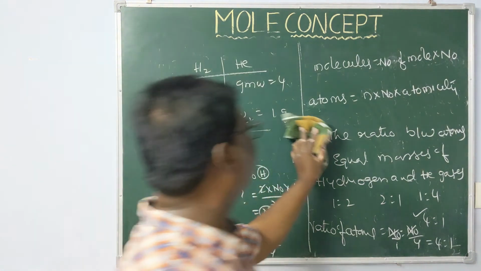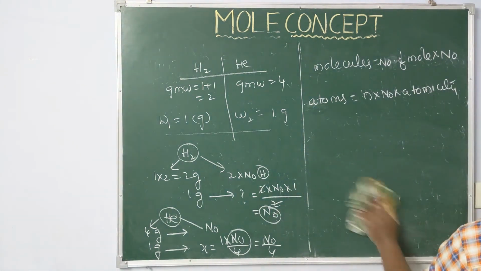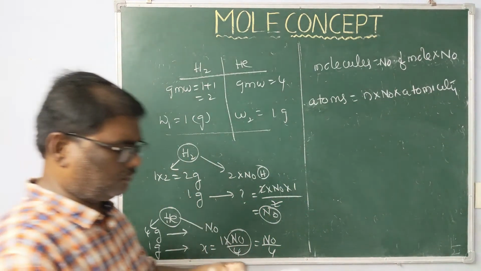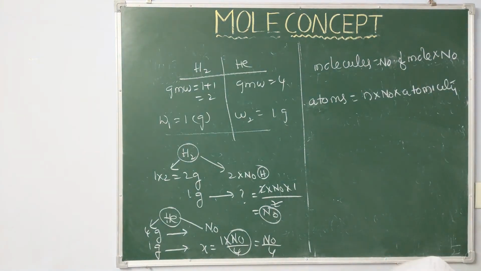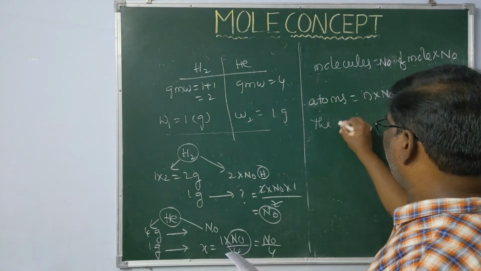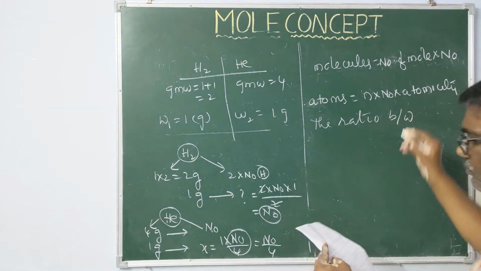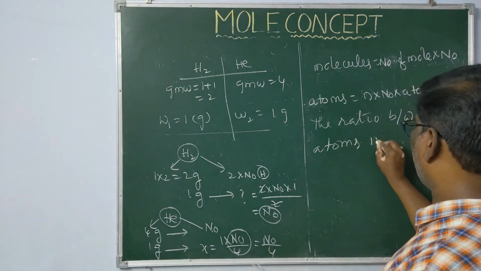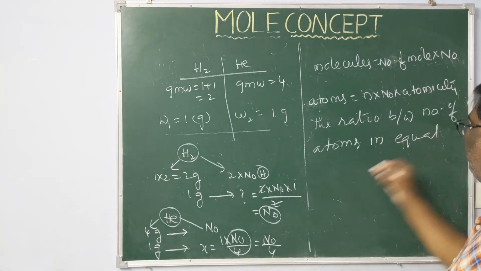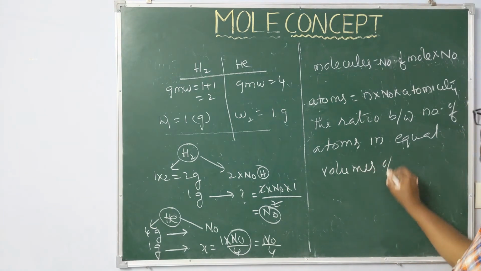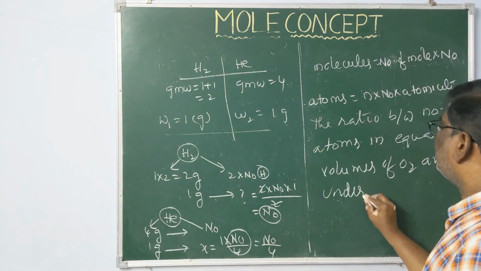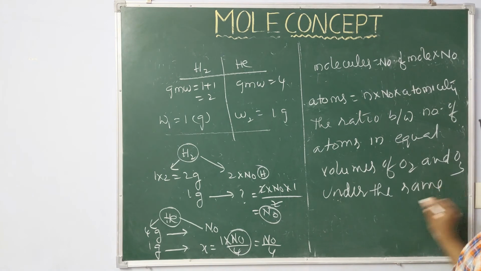The next question is: the ratio between the number of atoms in equal volumes of oxygen and ozone under the same conditions is what?